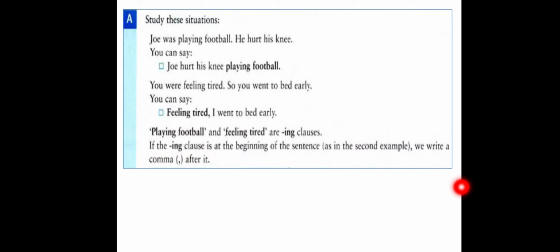Here we did not use a comma because the main clause started the sentence. But in the other example, we have feeling tired, comma, I went to bed. The main clause, I went to bed, is written at the end. If we start the sentence like this, I went to bed feeling tired, then we don't use a comma.